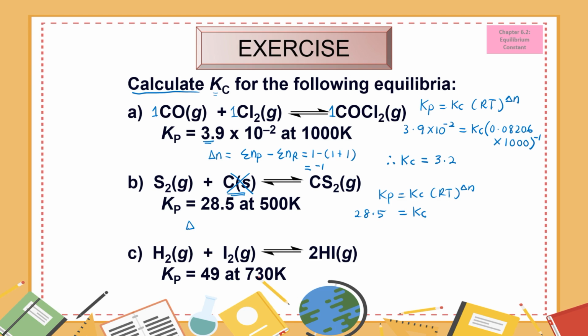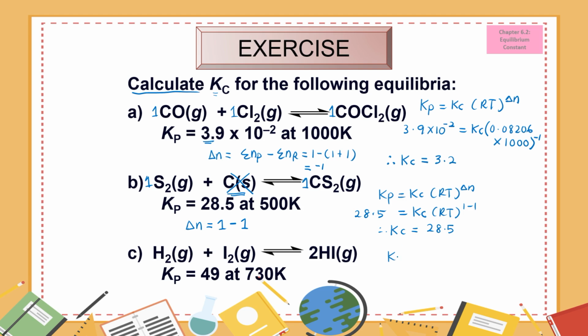Calculating delta n: 1 minus 1 is equal to 0. So RT to the power 1 minus 1, therefore Kc equals 28.5.